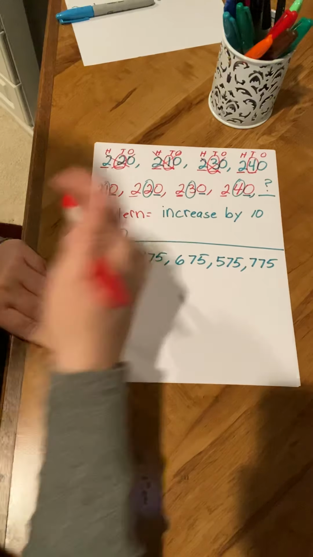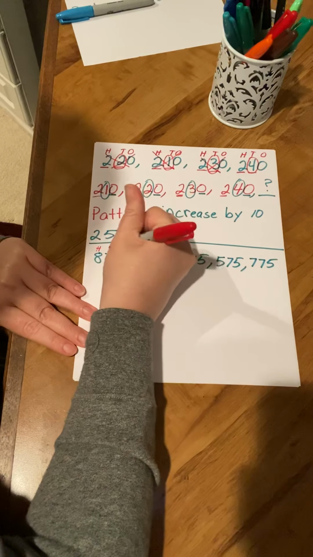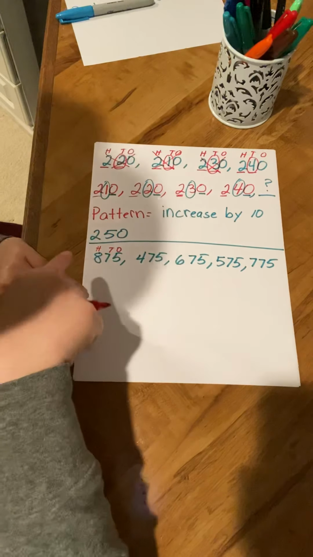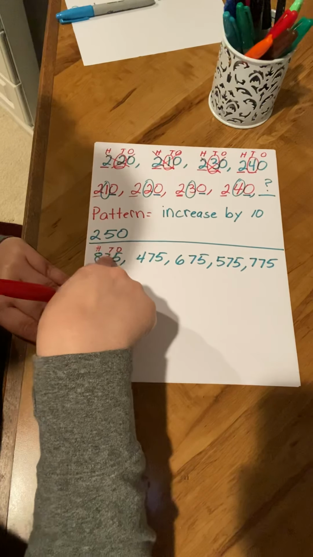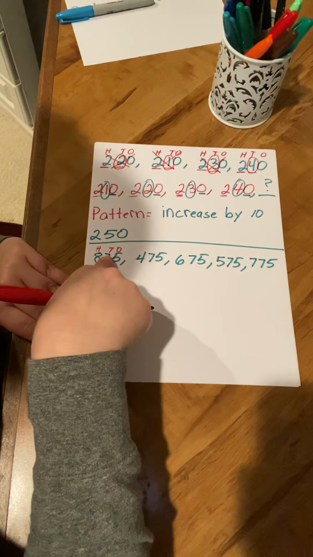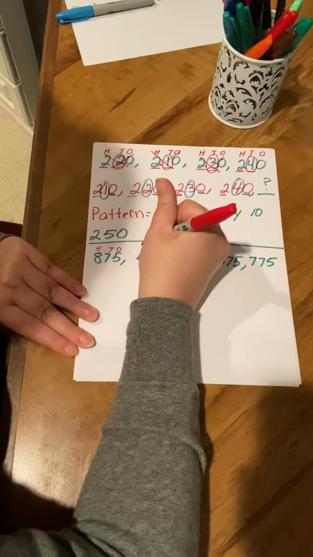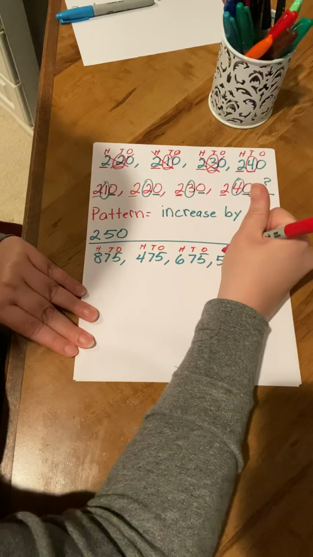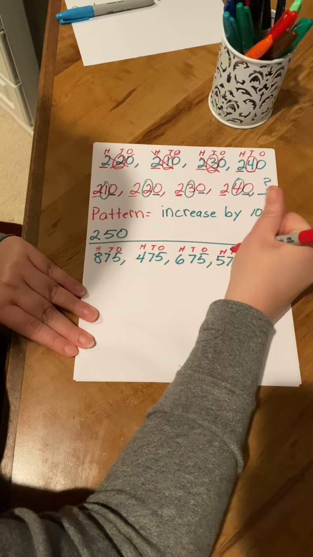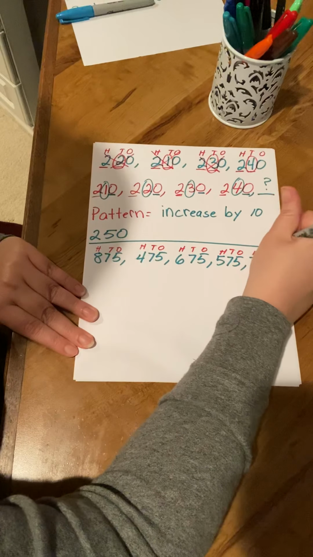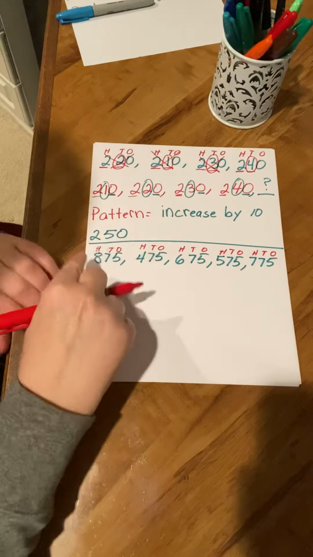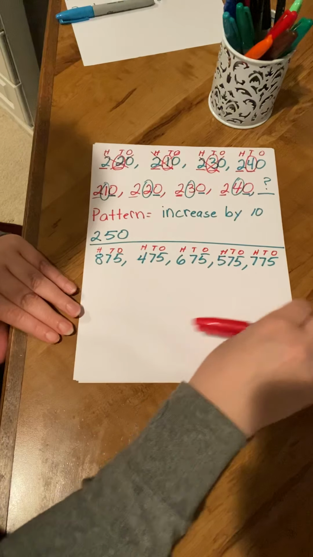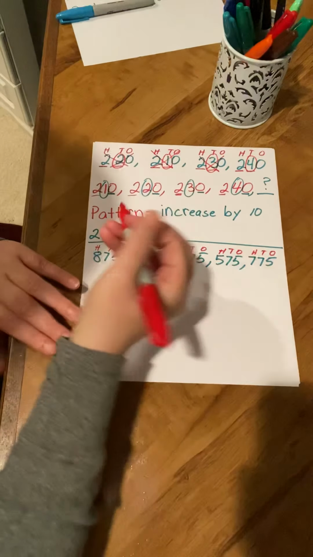So I'm going to put those place values, HTO. What does H stand for? Hundreds. T, tens. O, ones. Let's put our HTOs on each of those numbers. Okay, let's start with the hundreds, because that is my greatest place value.